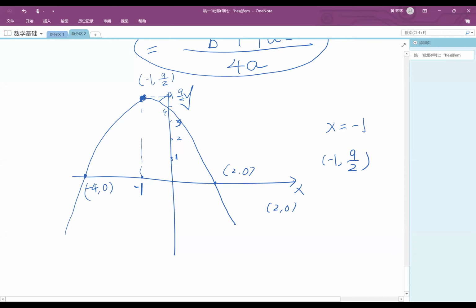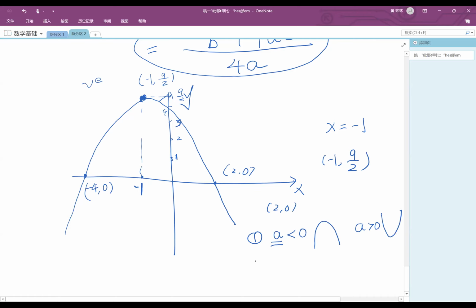So if we want to graph the parabola, we need these properties. The first one we need to know is a. If a is smaller than 0, it will open downward, and if a is larger than 0, this parabola will open upward.